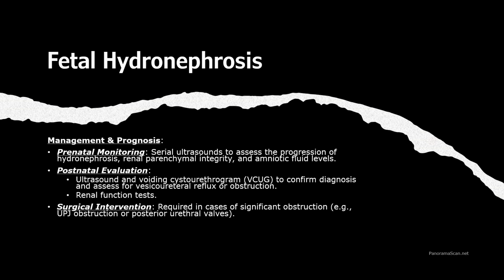These conditions might cause irreversible kidney damage if not treated promptly, and surgery is needed to restore normal urinary flow. Surgical options depend on the type and severity of the obstruction and may involve procedures like pyeloplasty or valve ablation.